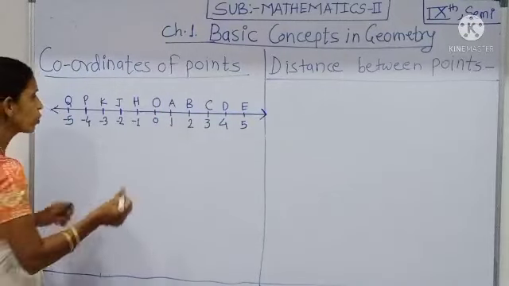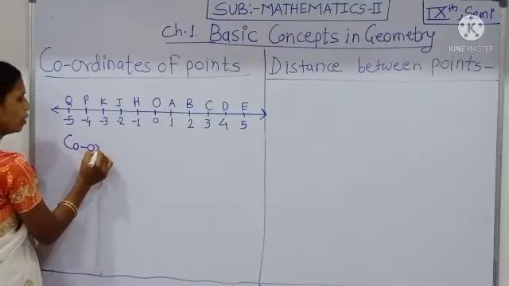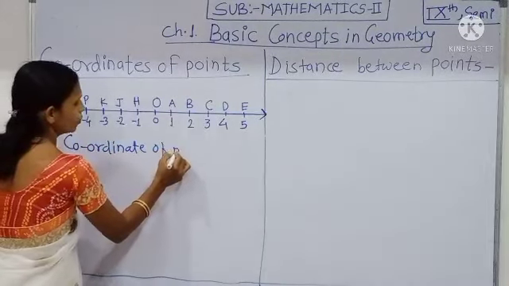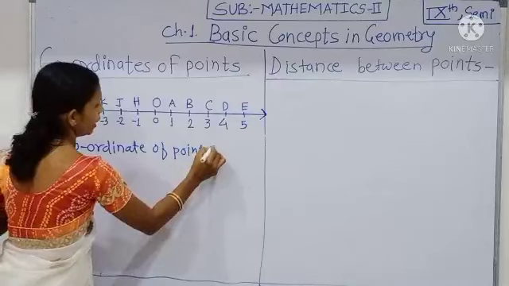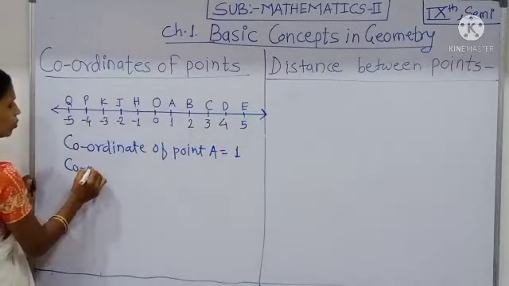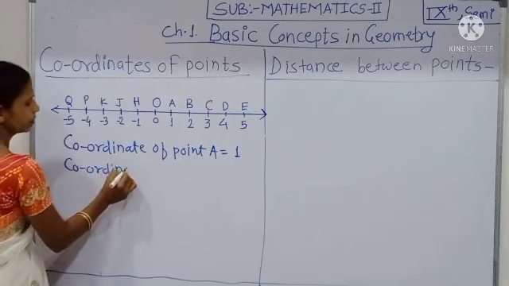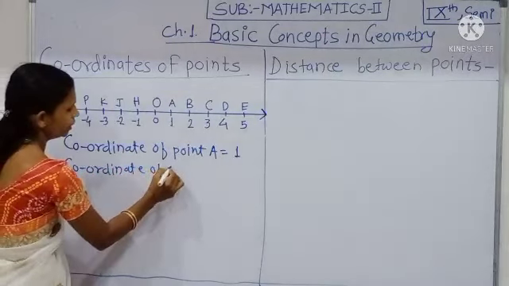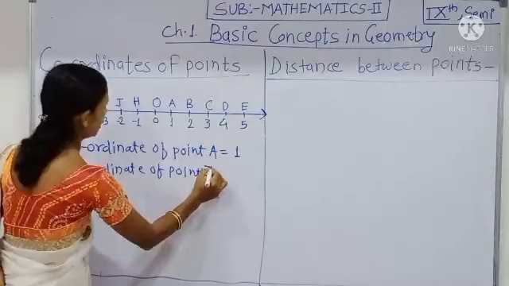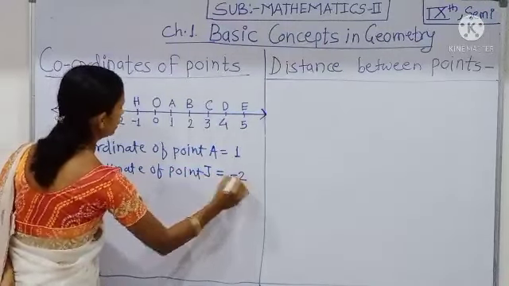See here, the coordinate of point A is 1, the coordinate of point J is -2.